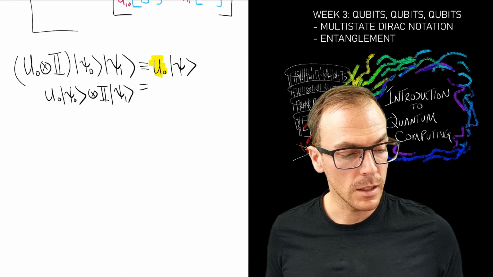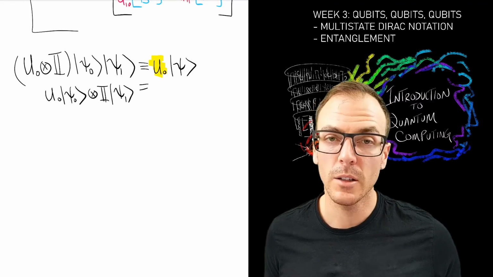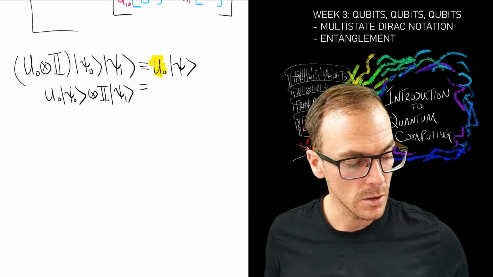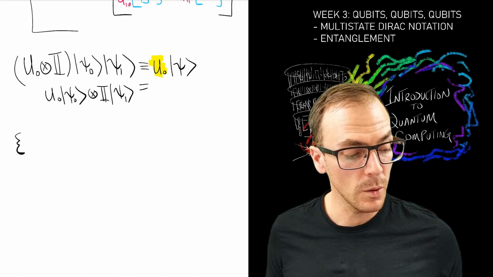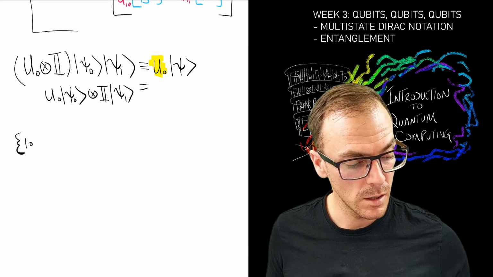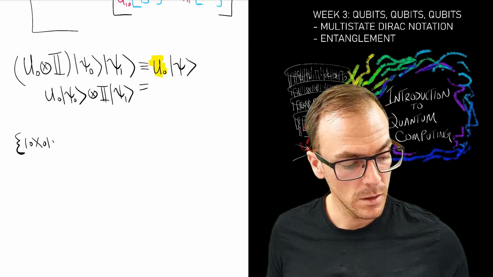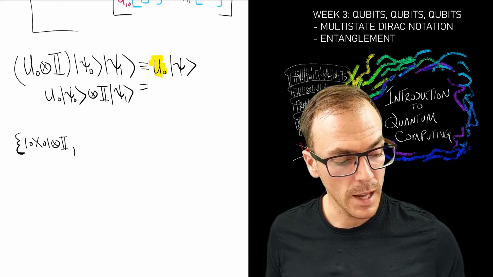Now we can look at more than just unitaries. We can look at projectors as well. So we can say, if I have 2 qubits and I'm only looking at a basis for the first, then I can always append an identity.